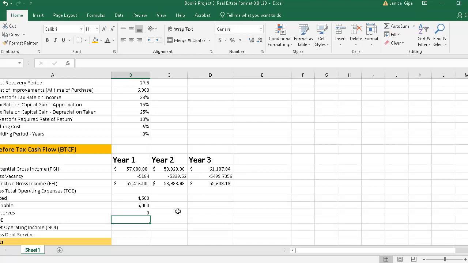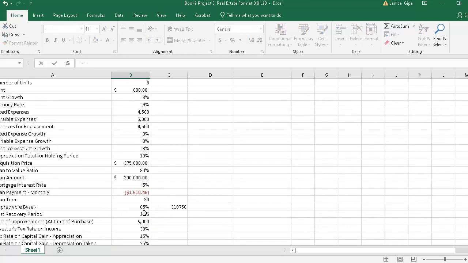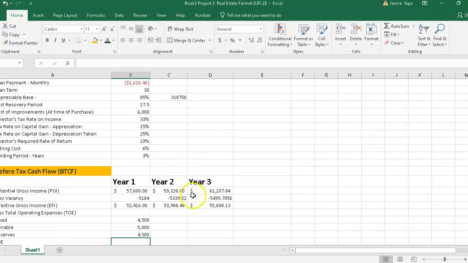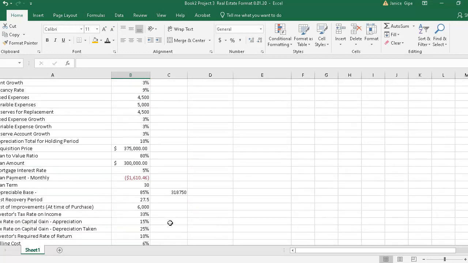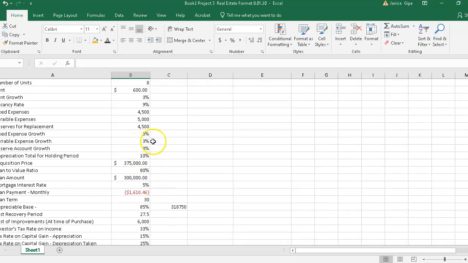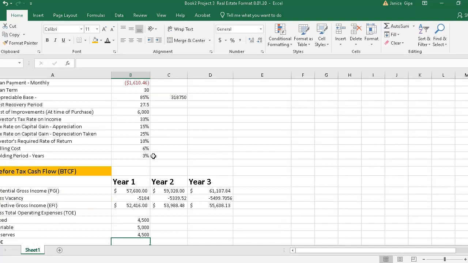Equals the reserve for replacement, which was $4,500. And all of these amounts, the fixed, the variable, they were all to increase 3% per year, in the assumptions.